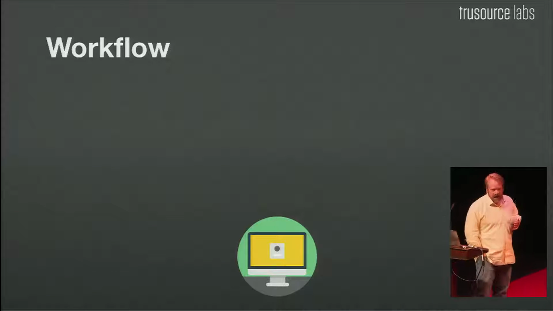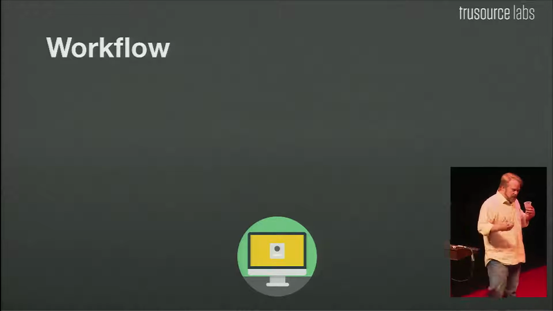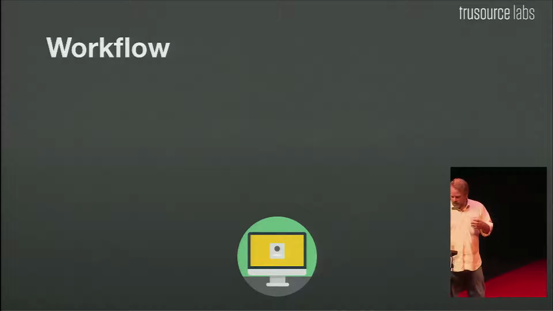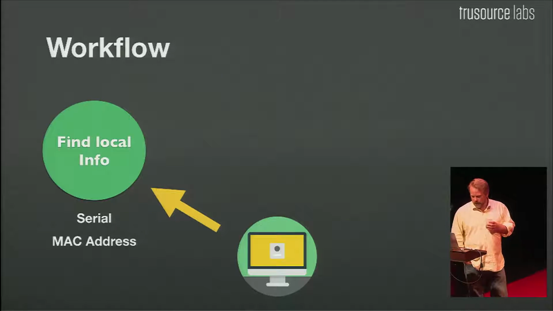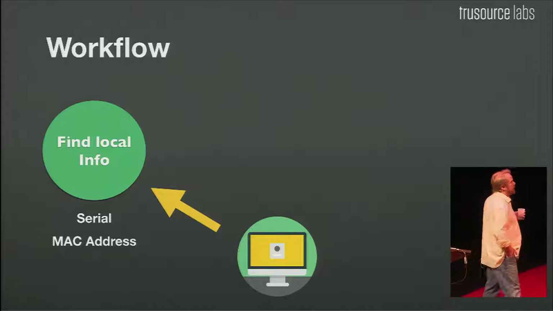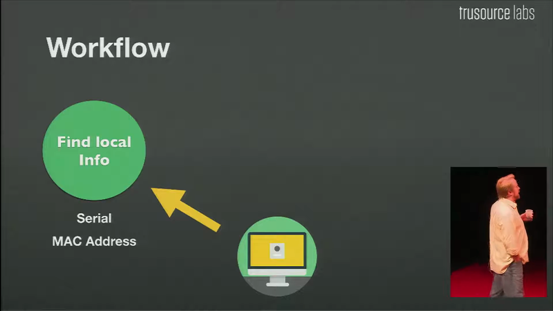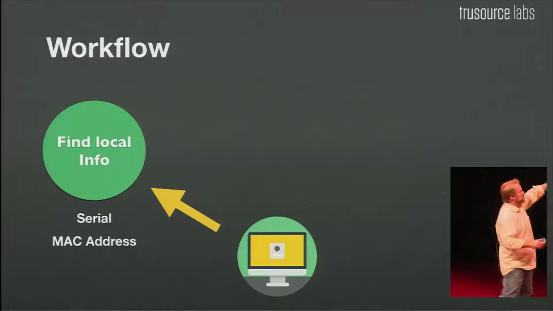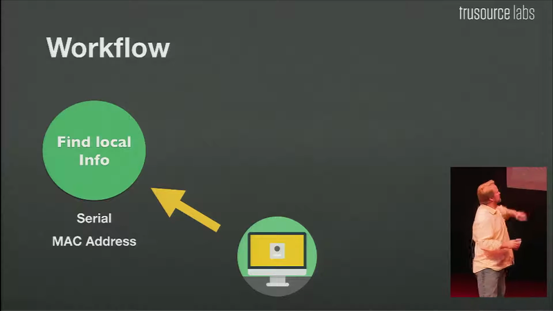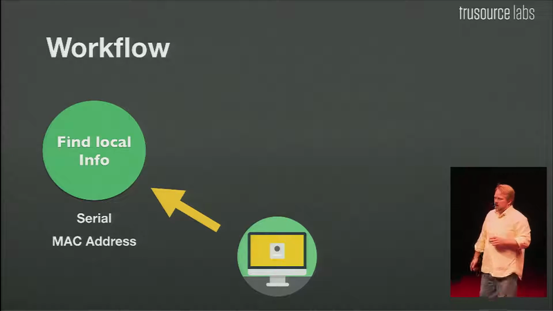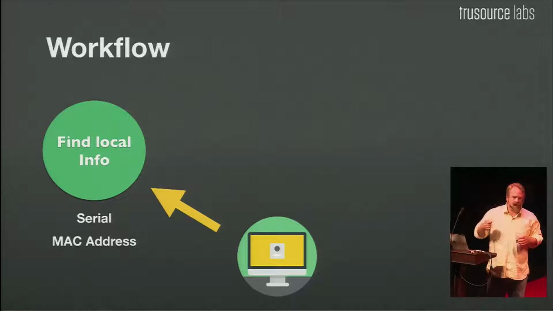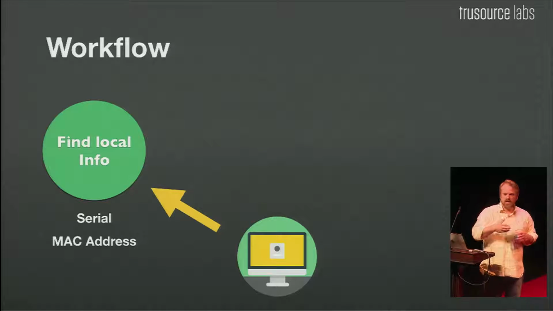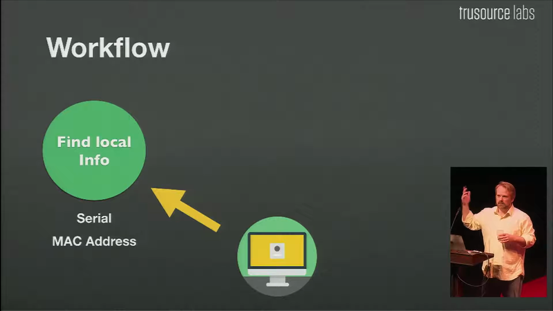So the workflow that we have here, we actually have an app, we'll show it to you in a little bit, where the admin can select a particular group. But before we do that, we've got to reach out through the JSS API, or actually find local info first, right? Yellow arrow means we're doing this on a local system, and we grab the serial number and the MAC address. We're running this app locally. If you were going to parse through a list of serial numbers or UDIDs from an iOS device, you just import a CSV or a Numbers file, if that makes sense.